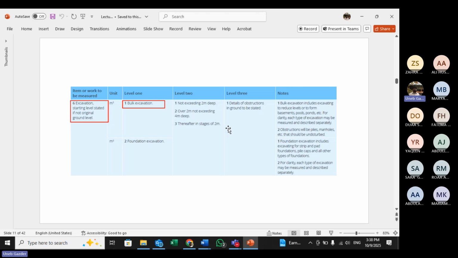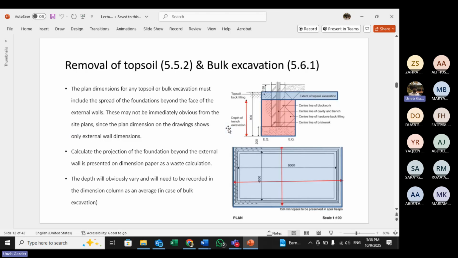So you will mention the closest lower 2 meter interval in the description. And where will you get these dimensions? You will get them from the plan. And obviously the levels must be given by the contractor or the surveyor.